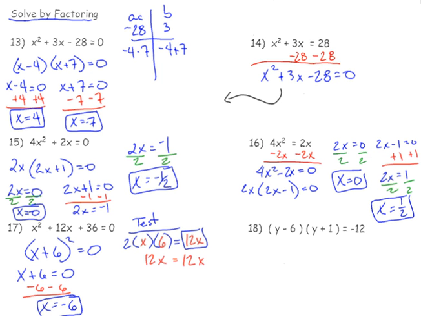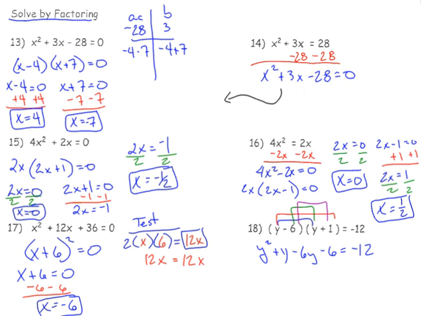For number 18, before I can begin anything, I must FOIL my 2 on the left-hand side. So I do my first, y squared. I do my outers. Y times 1 is y, so plus y. I do my inners. Negative 6 times y is negative 6y. Then I do my last. Negative 6 times 1 is a negative 6, and that's equal to negative 12.